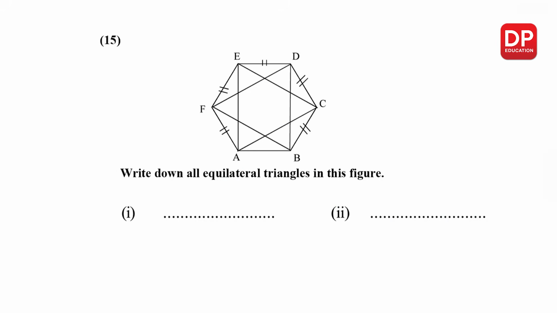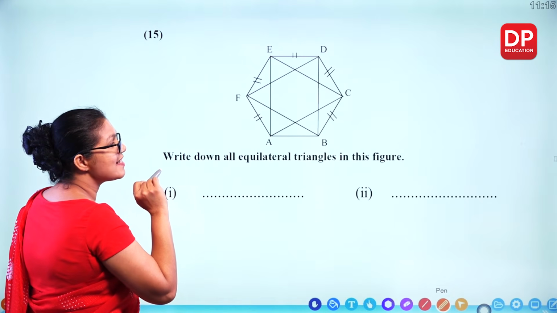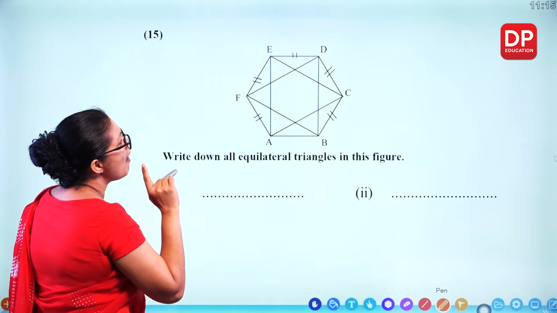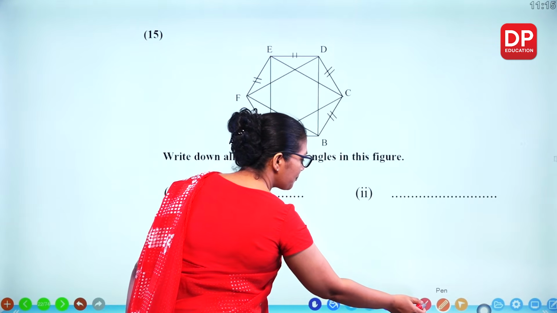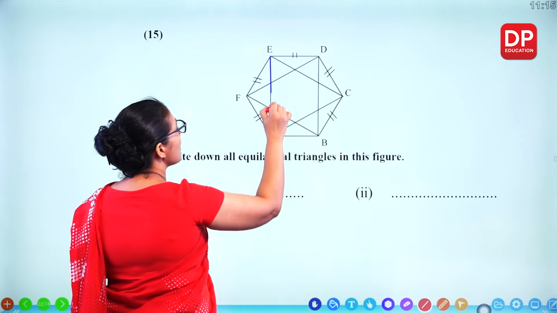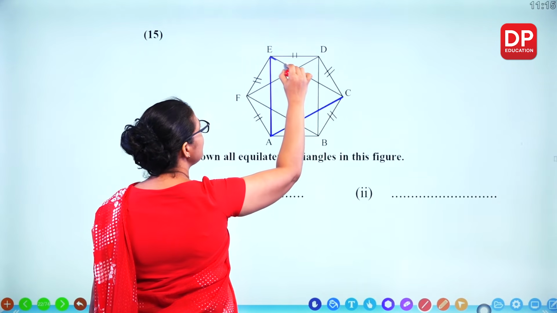Now in this one, I have connected those triangles as well. Write down all equilateral triangles in this figure. So now I am writing these triangles. Here, this one is an equilateral triangle.